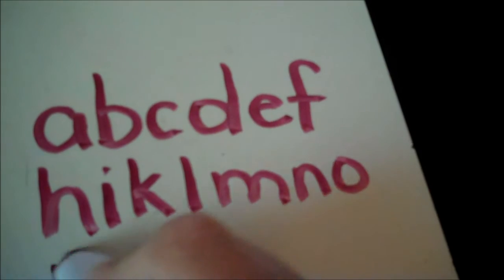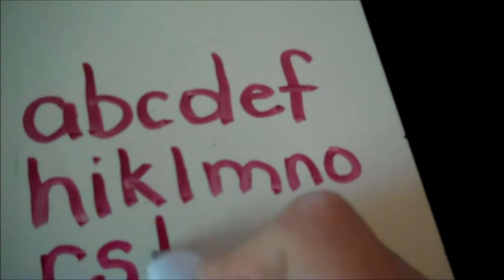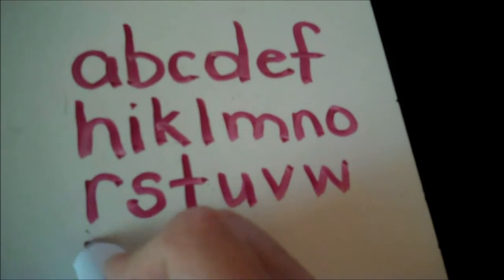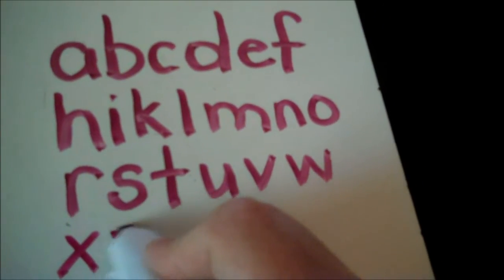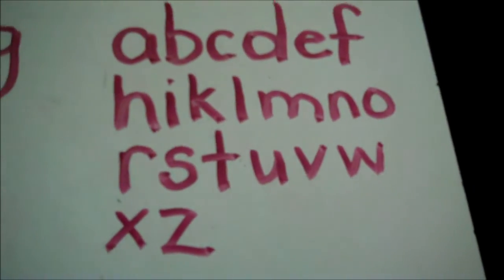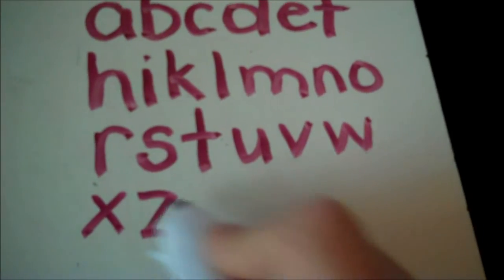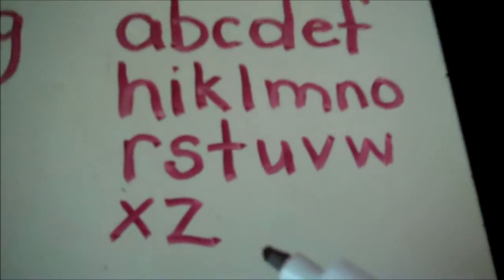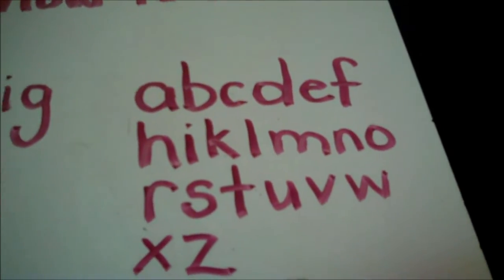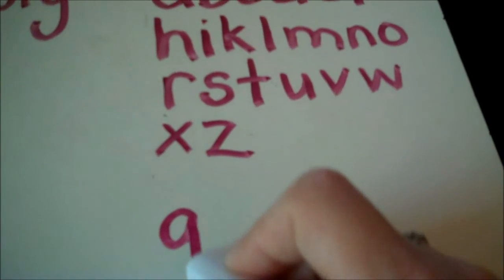Q, R, S, T, U, V, W, X, Y, and Z. Okay, so these letters would all sit right beside each other on a line if there were a line. Now we need to do A, B, C, D, E, F, G would hang down.